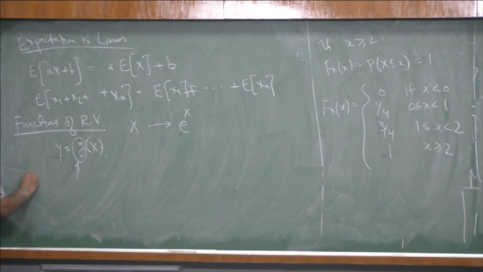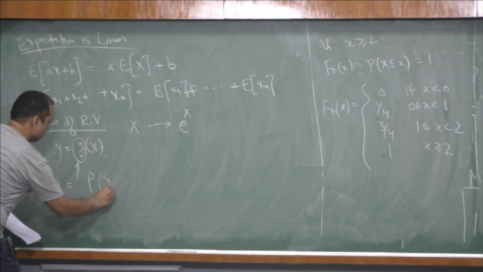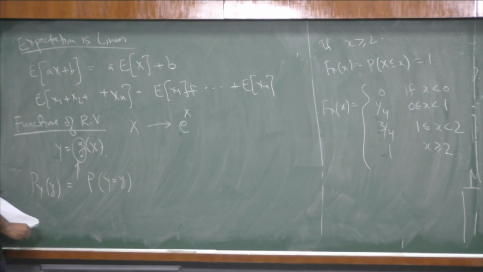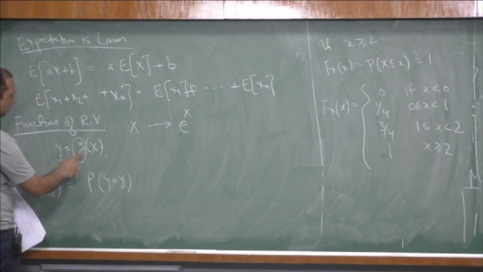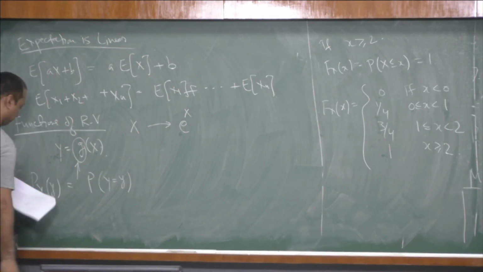So PMF of y will be when y is small y, and y is g of x. So when g of x is y, then we may have to solve for that. So PMF of y is when we are asking when is y small y, and in other words we are asking when is g of x equal to y.